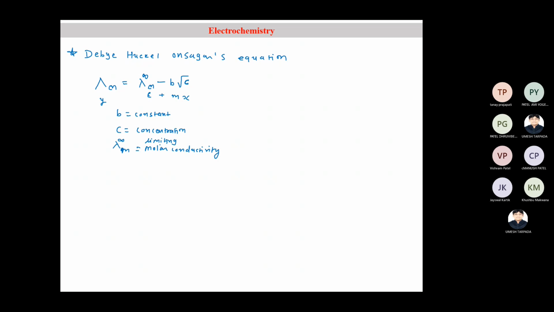So here you can draw the plot of molar conductivity versus under root C, and then it becomes a negative slope. Slope is equal to B constant, negative slope, and intercept is equal to limiting molar conductivity. You can modify this equation by taking log on both sides.